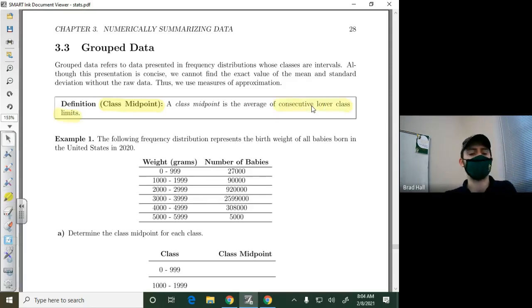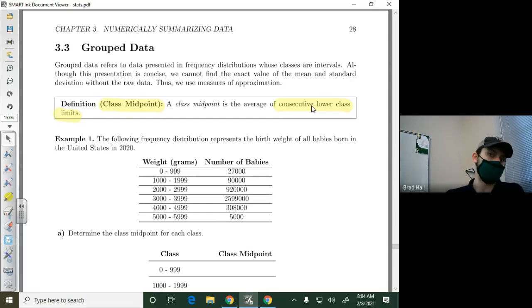It's a way to take a group and average it out, so that class midpoint can be used to help you approximate a mean and a standard deviation. This will be the best form of computation for us. And we'll see how to do this in the calculator as well.